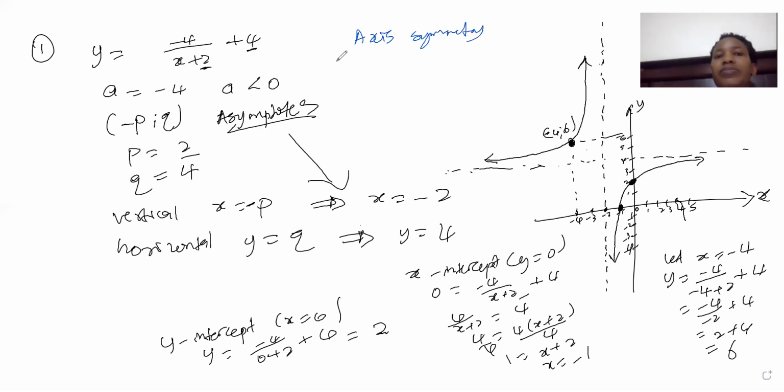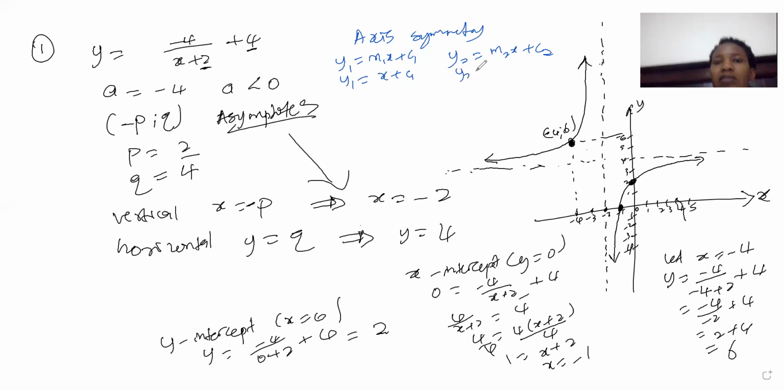Remember we said we're gonna use equation of a line y1 is m1x plus c1, y2 is m2x plus c2. Okay, we said the other m is 1, the other m is negative 1, negative x plus c2.